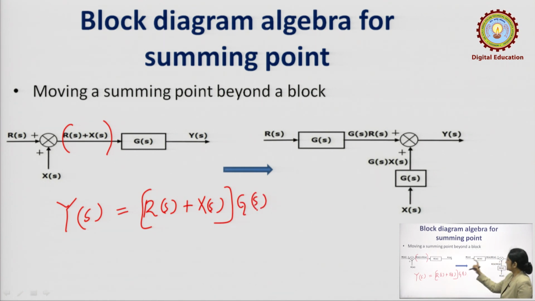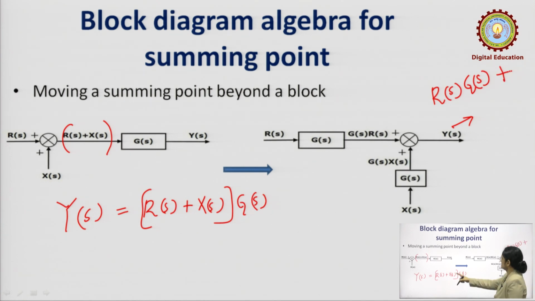When the summing point is moved, we have to get the same y of s, that is, r of s into g of s plus x of s into g of s.